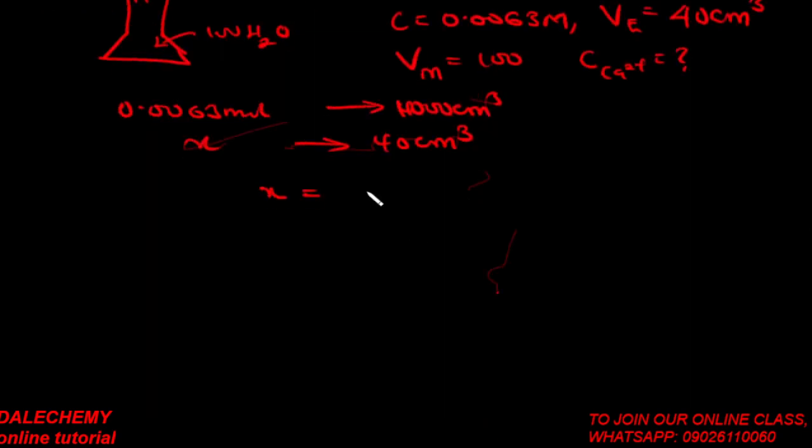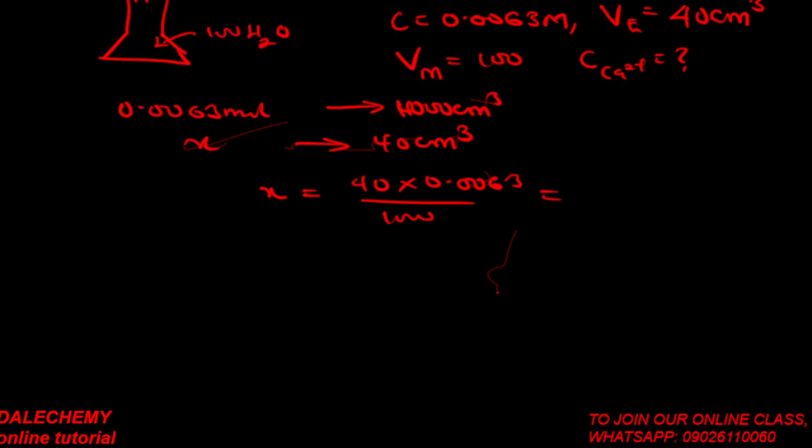Your X will be equal to 40 times 0.0063 all over 1000, and that is going to give us 0.0063 times 40 divided by 1000.